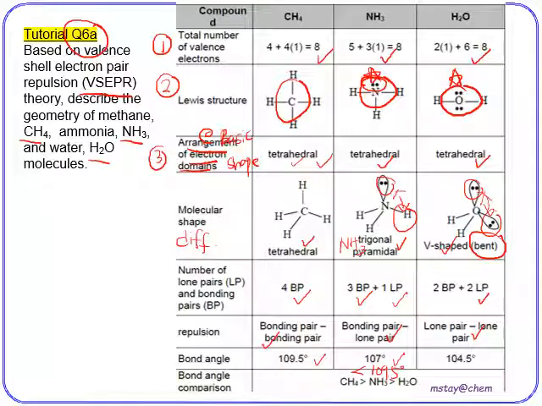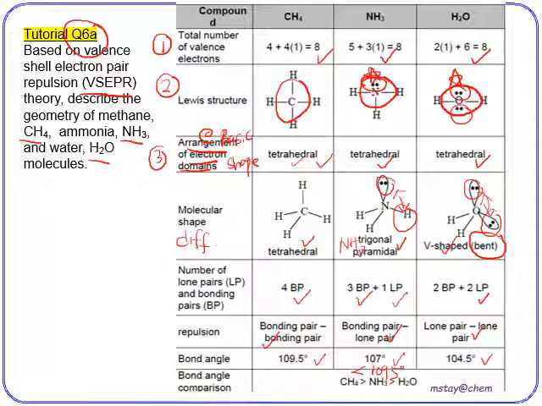Then we use another concrete example, which is water, consisting of 2 lone pair electrons. Two lone pair electrons need more space compared to ammonia, because in ammonia we only have 1 lone pair. When we have 2 lone pair electrons, the type of repulsion is lone pair and lone pair. So again, the bond angle will become smaller compared to ammonia.